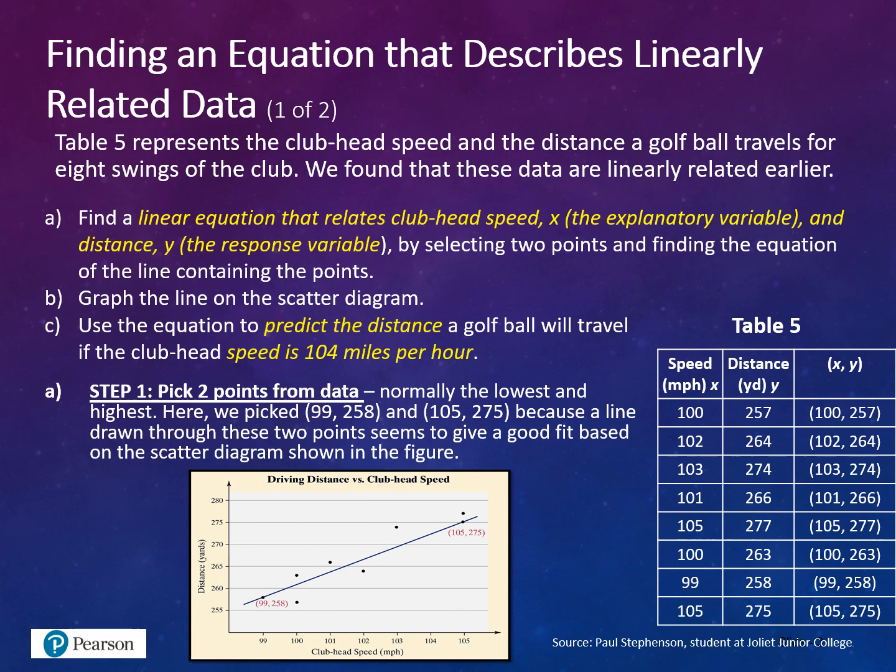That's the x and the y value from the table, the lowest value, and 105, 275, x being 105, y being 275, because a line drawn through these 2 points seems to give a good fit based on the scatter diagram shown in the figure. And there are 2 distances at 105, so we are picking a high point and the low point.